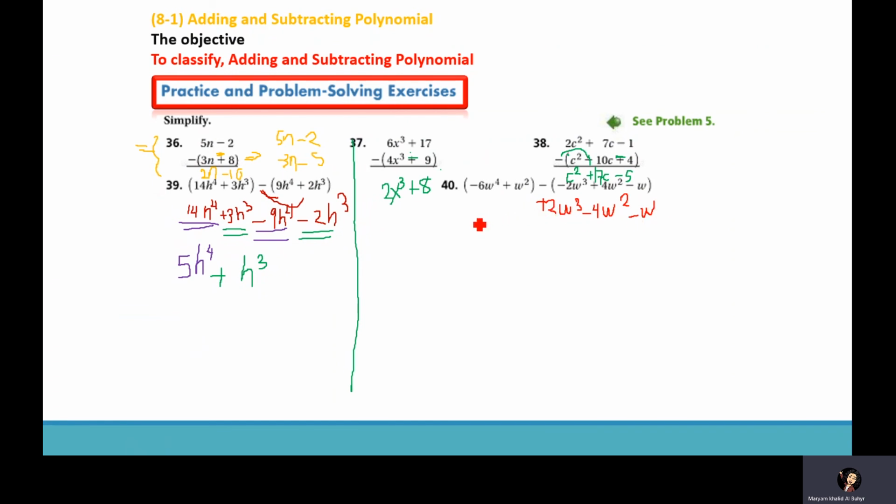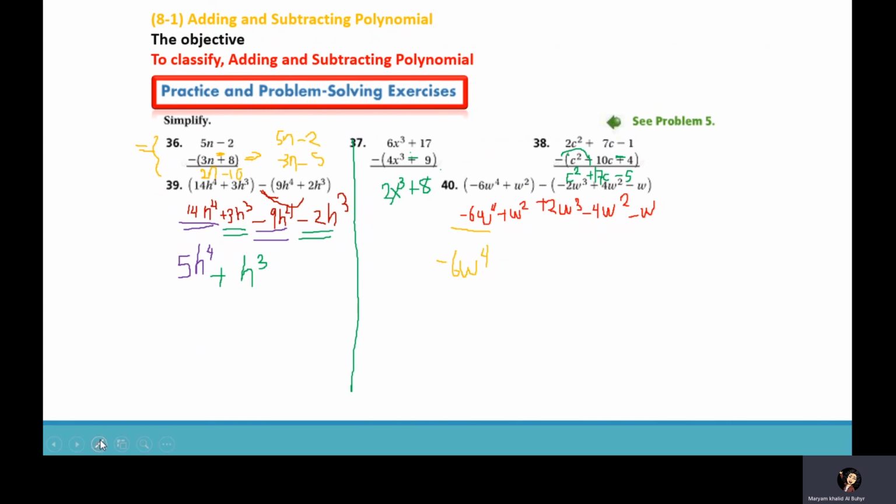We have here also negative 6w^4 plus w^2 plus this one. Now I'm going to add this one, w to the power 4. Is there anything here with w to the power 4? No. I'm going to drop negative 6w to the power 4.